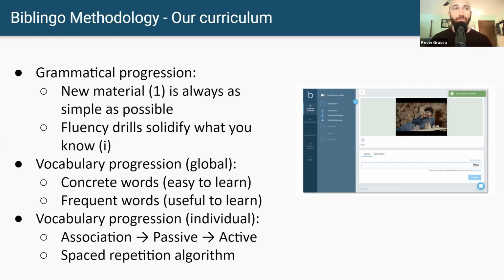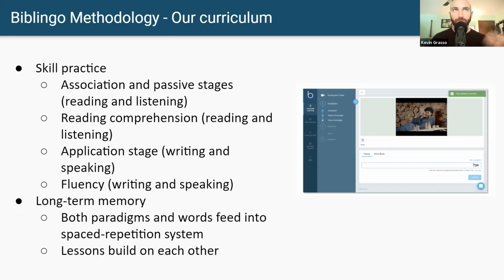So again, this is depth of processing. So we have 3 stages that each vocabulary word goes through: association, passive, and active, to try to solidify that in your memory, right? And then spaced repetition, to have you see these stages over and over and over again at increasingly longer intervals.